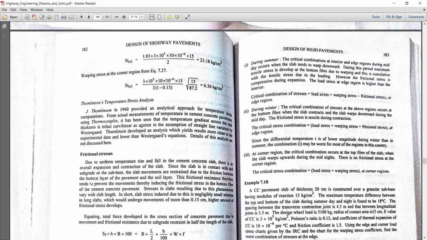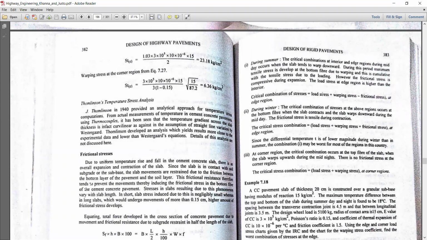However, the frictional stress is compressive during expansion. If the slab is expanding, there will be friction between the concrete slab and subgrade. Between these two layers, the friction stress will act as a compressive stress.